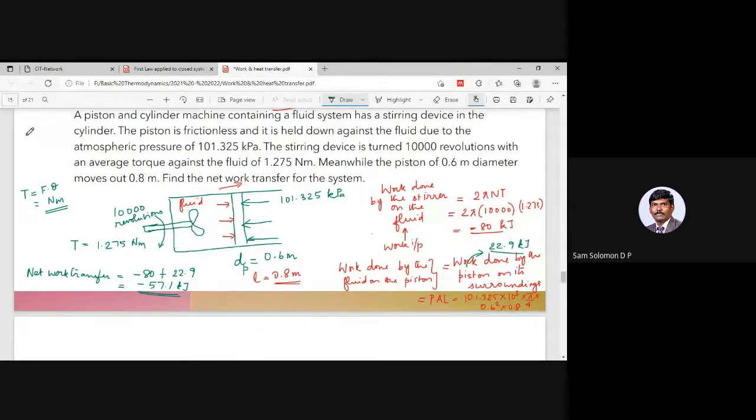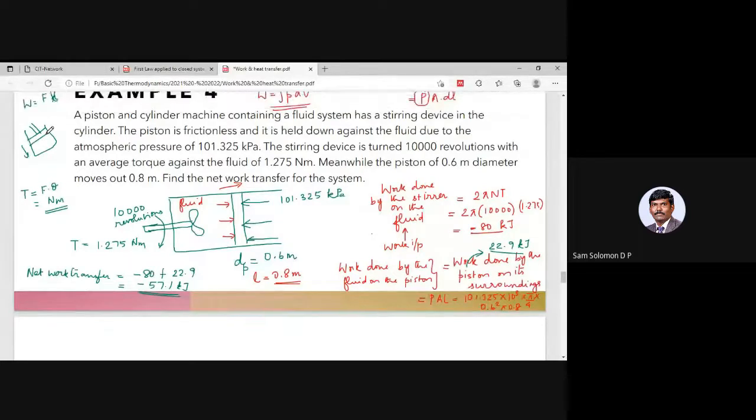When you take a cylinder piston arrangement, you push the piston in the downward direction so that you compress the gas. In another sense, you can say that you are increasing the energy of the gas. Can I say that? Because I'm increasing its pressure and its temperature by compressing it.